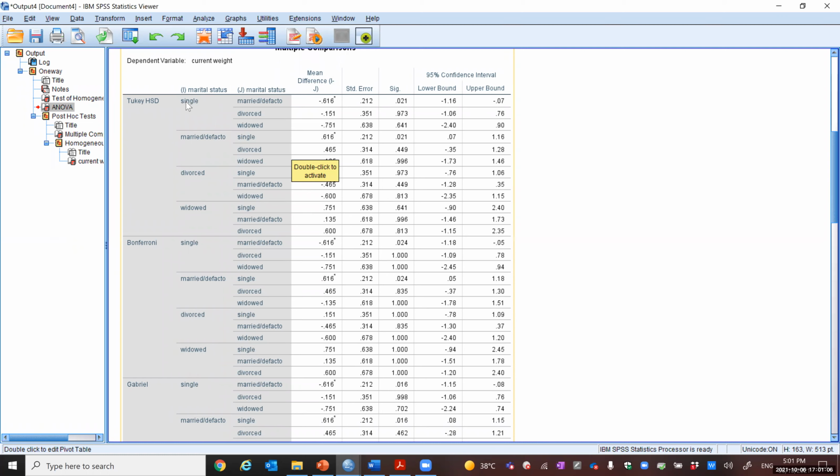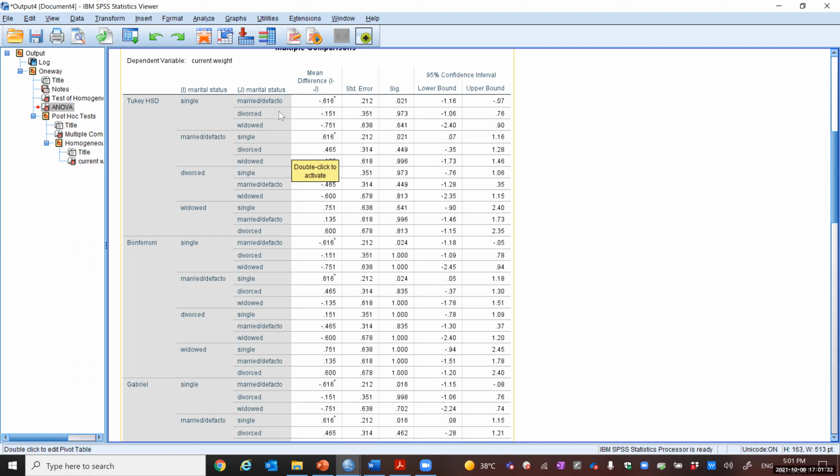The mean of those who are single is compared with those who are married. Then there is the mean comparison of single with divorced, and single with widowed. So you will see that each category is compared against the other three categories.